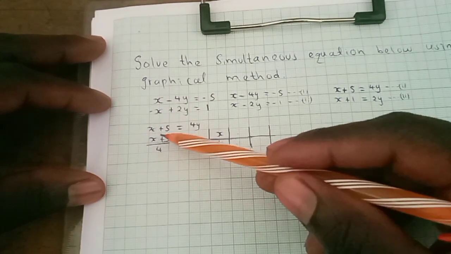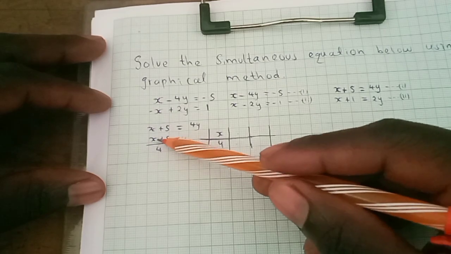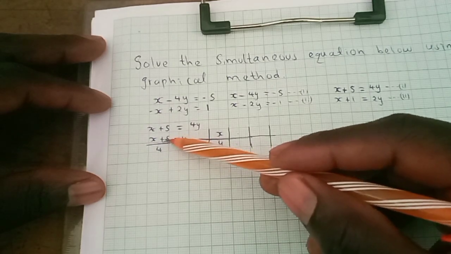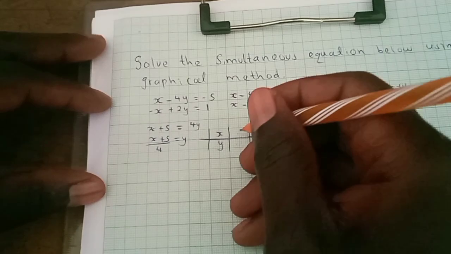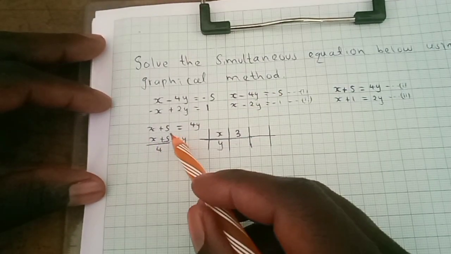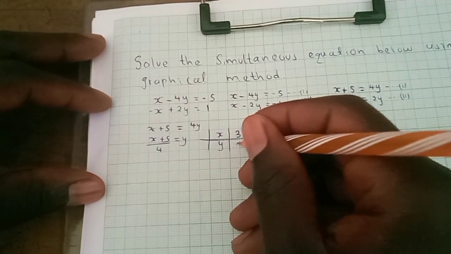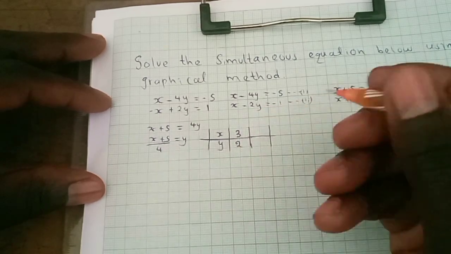If I take 2, it will give me 7. 7 is not divisible by 4. If I take 3, it will give me 8. 8 is divisible by 4. So if I take x to be 3, 3 plus 5 is 8. 8 divided by 4 is 2.